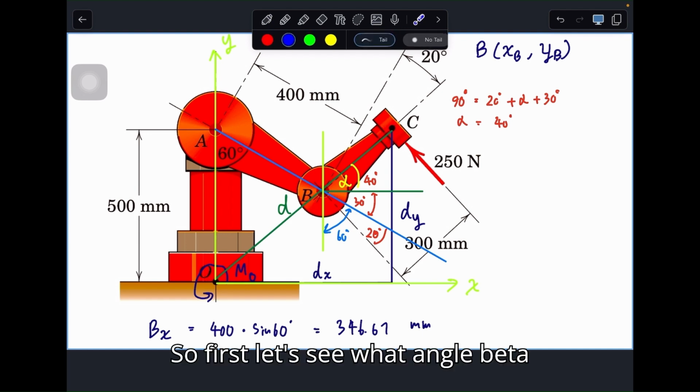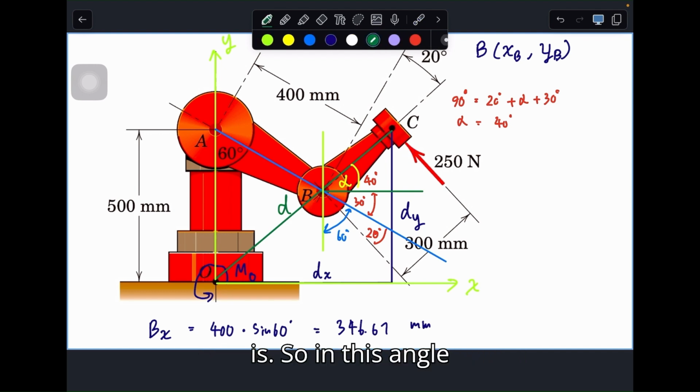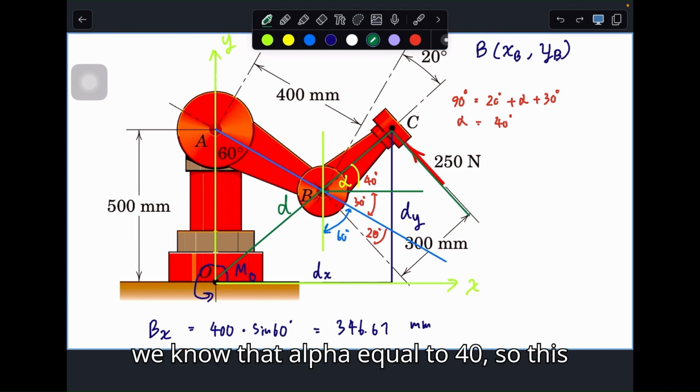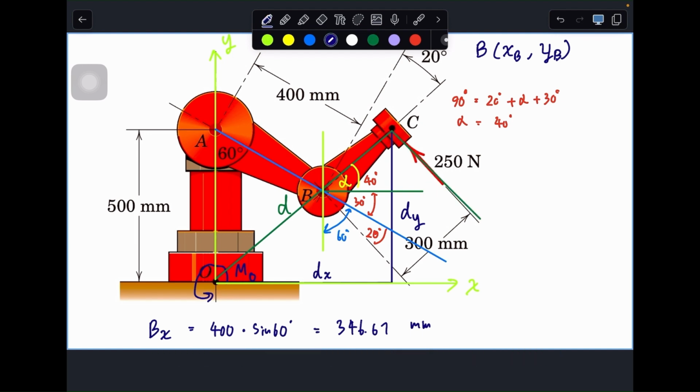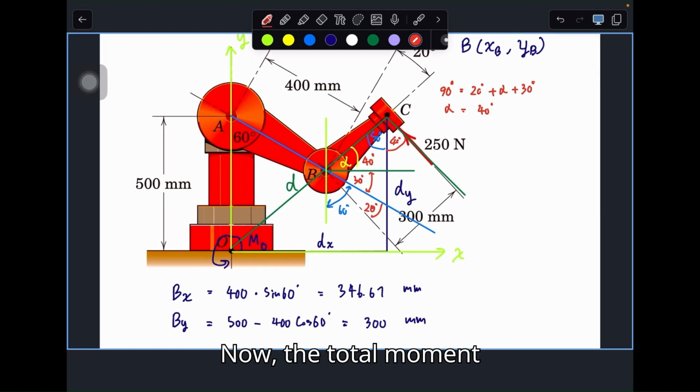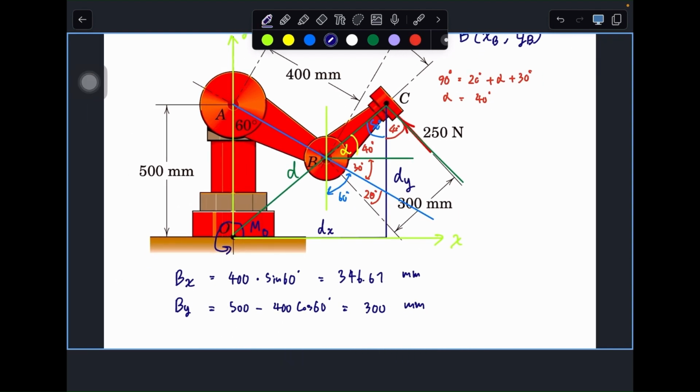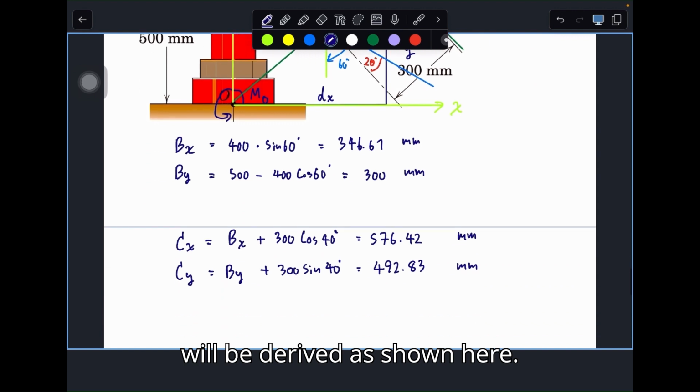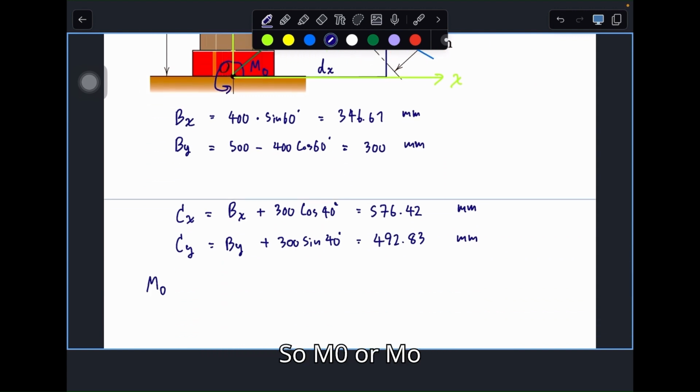So first, let's see what angle beta is. In this angle, we know that alpha equals 40, so this should give us 50. In the same sense, this should give us 40, the same as alpha. Now, the total moment will be derived as shown here: M_O equals cx times Fy plus cy times Fx.